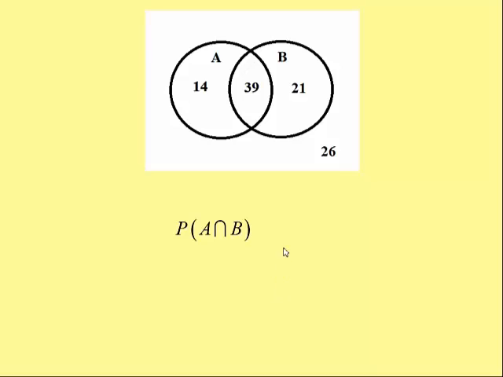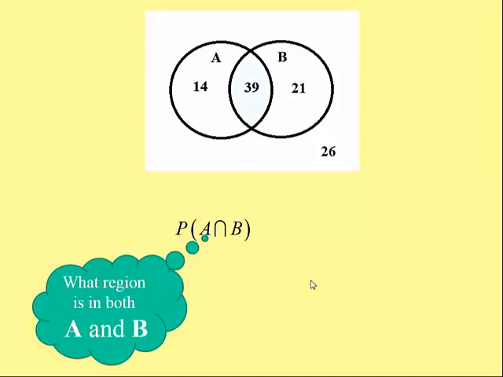Now here we got some specific numbers to go by. If we're asked to find the probability of A intersect B, or more appropriately A and B, our bottom number of our probability needs to be all of the numbers together. So if we add all of those up, that would be the bottom number of the probability.